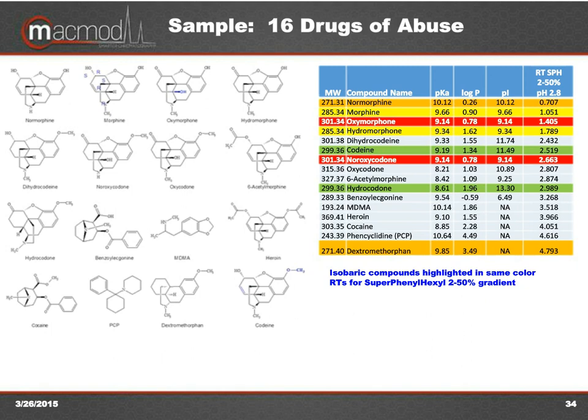So you see that normorphine and dextromethorphan are very comparable in molecular weight, but in terms of retention time, in this case on the superphenylhexyl in a low pH gradient from 2 to 50% acetonitrile, they're at opposite ends of the chromatogram. And similarly for the other colored isobaric compounds, they're well separated under the pH 2.8 conditions, and they also are nicely separated on the optimized conditions you'll see in a few minutes.